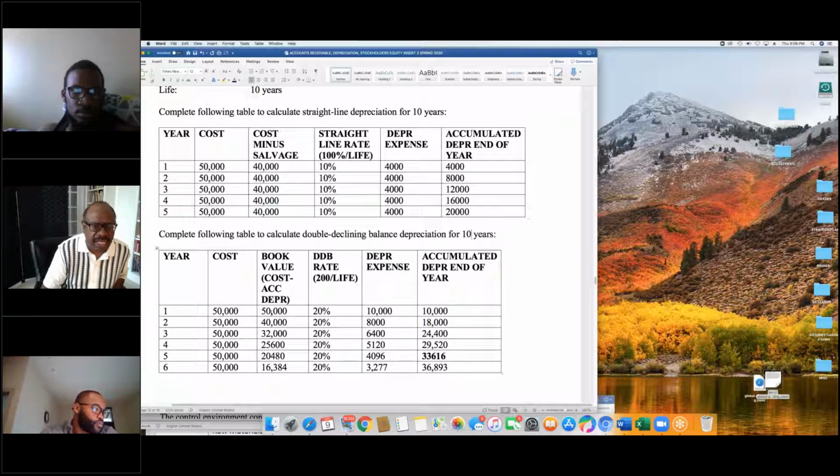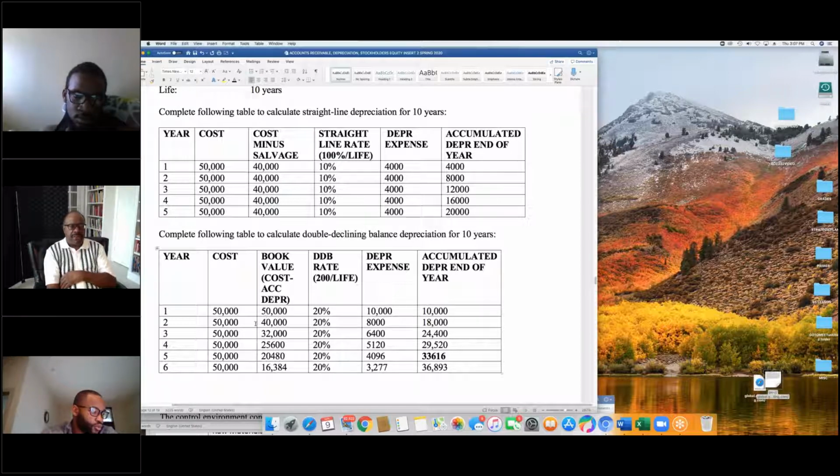Accumulated is 10,000. Any question on line 1 of the double declining balance? Okay, line 2. We've got to get a new book value. It's always going to be the cost minus accumulated depreciation, which is what's in this account for the prior year.